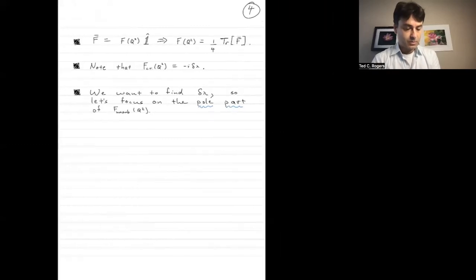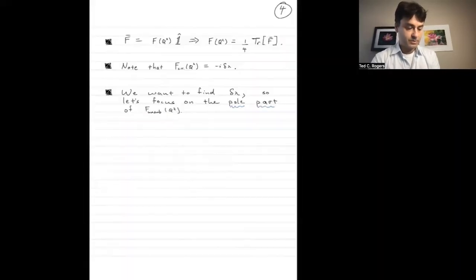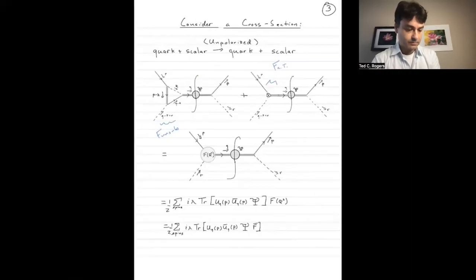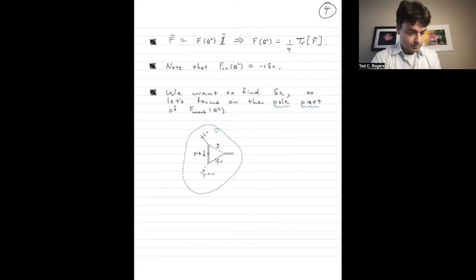All right, so we'll start with F unsub, and that comes from basically taking this trace of the diagram. Well, let me just copy and paste that diagram. Maybe blow it up a little bit.